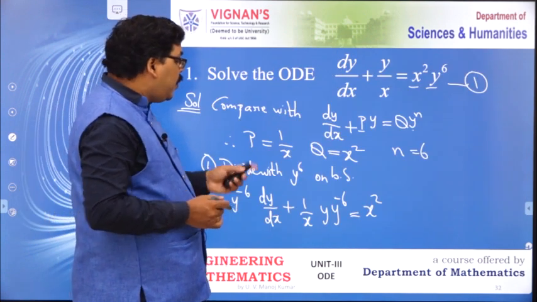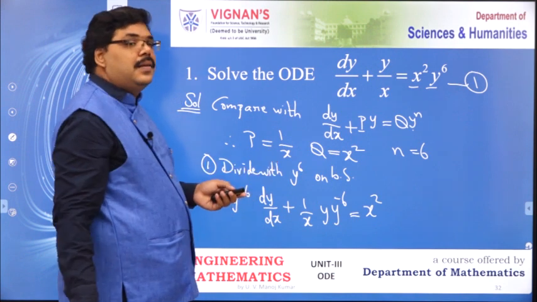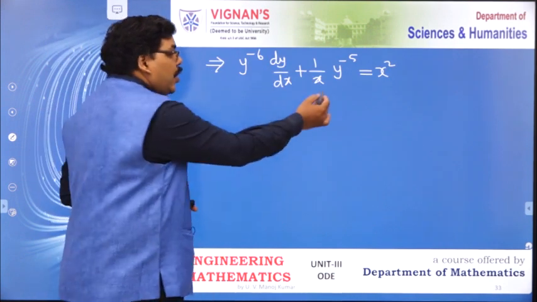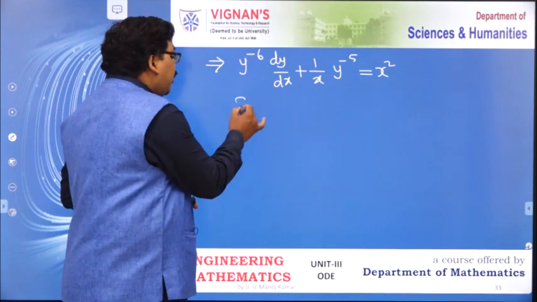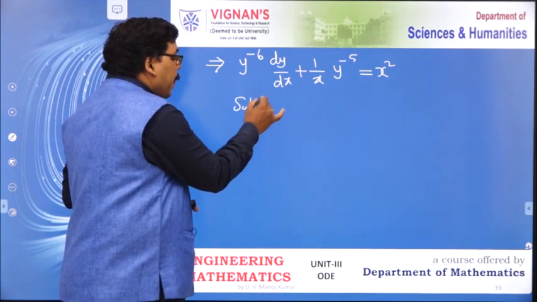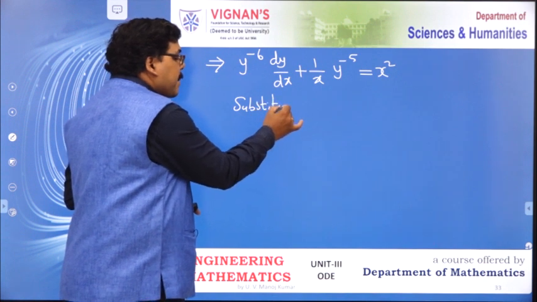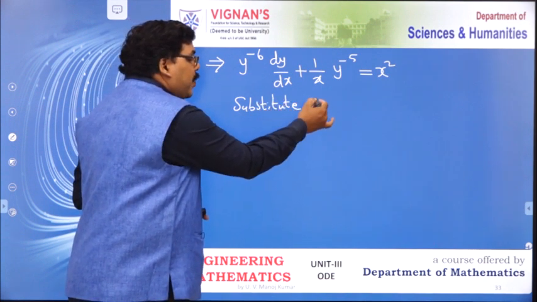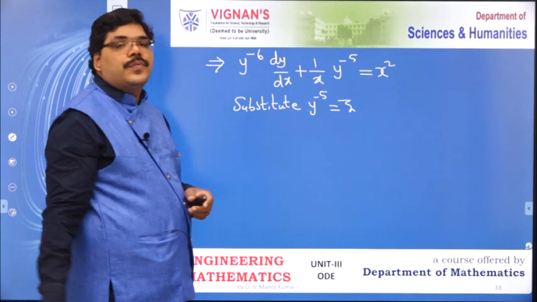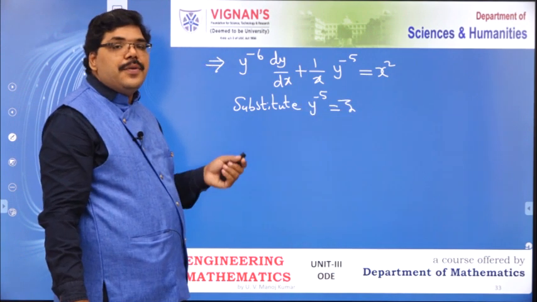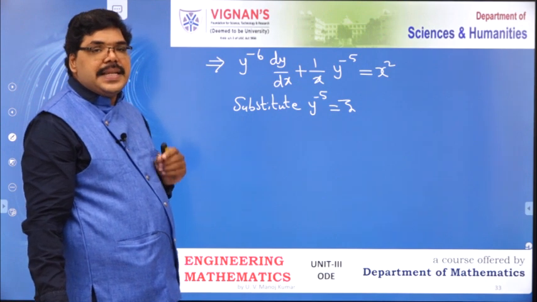In the original problem, p is 1 by x. So here the term is y power minus 5. So substitute y power minus 5 equals z.